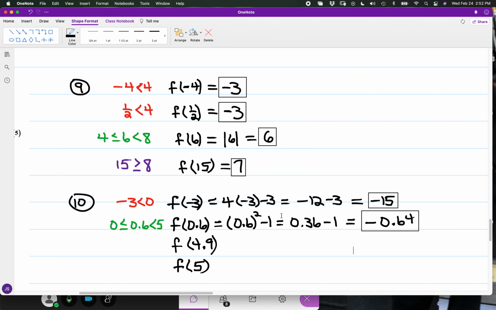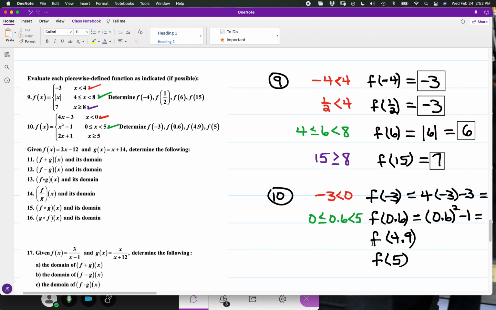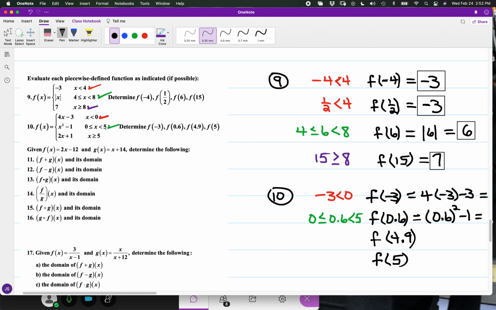Okay, and in the case of f of 4.9, now there's a vast difference between the input values of 4.9 and 6. And like 0.6, 4.9 belongs to this middle inequality statement, since it rings true that 0 is less than or equal to 4.9, and again that is less than 5.